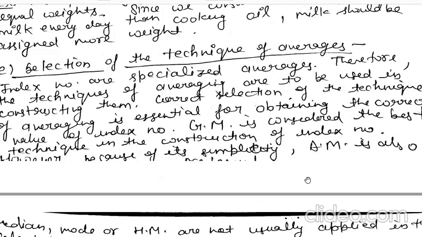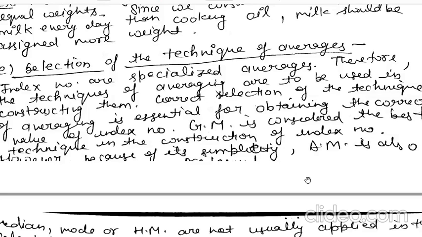So next point, selection of the technique of averages. Index numbers are specialized averages. Therefore, the techniques of averaging are to be used in constructing them. Correct selection of the technique of averaging is essential for obtaining the correct value of index number. Geometric mean is considered the best technique in the construction of index number, right?